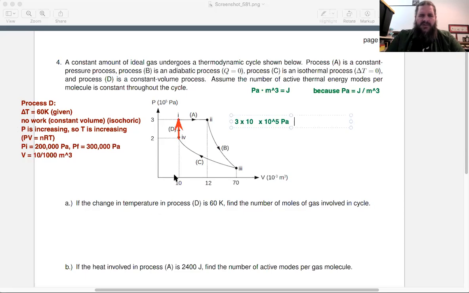And we also have not just 10, but 10 times 10 to the negative 3 cubic meters. So we've got to keep those in mind.